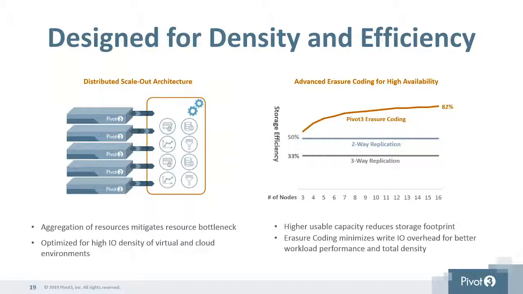We have a lot of patents around our erasure coding, so we start out being able to handle multiple drive failures and a node failure in a 3-node cluster. Then as you add nodes, growing up to 16 nodes, we're at 82% efficiency, and we're handling 2 copies of the data on our erasure coding with drive capacities. As you add more and more nodes and drives, the efficiency continues to improve.